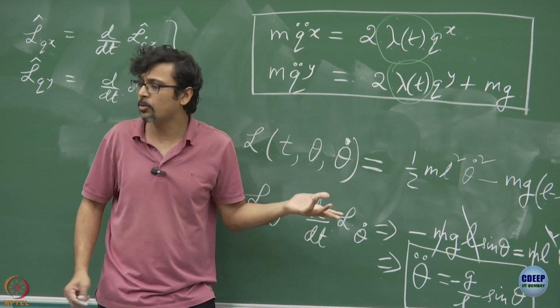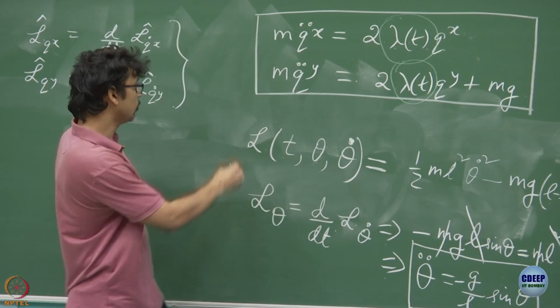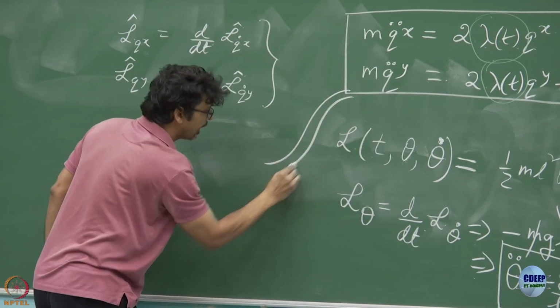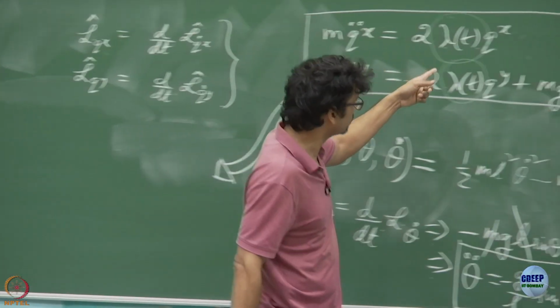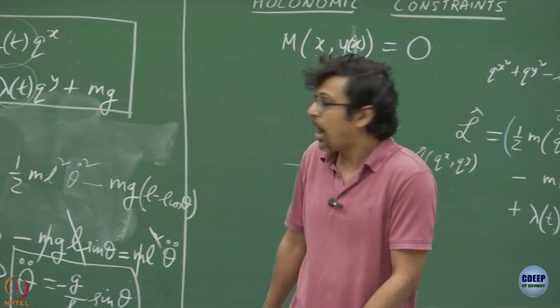Whereas with this, the immediate question will be, what about lambda t? So you'll actually have to work on this still, and I leave that to you as an exercise to check, that you'll have to work on this to eliminate the lambda t. But how do you do that?